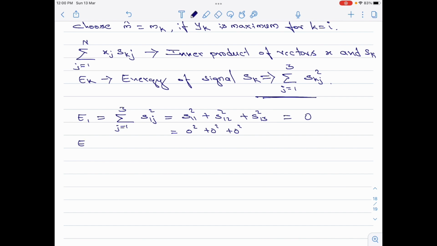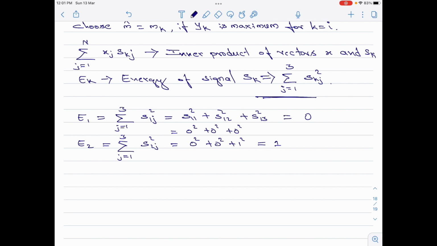Similarly, the value for energy of the second signal S2 of t is given by summation j varying from 1 to 3 S2j square. This is equal to, as per the vector given, 0 square plus 0 square plus 1 square. So, this is equal to 1.